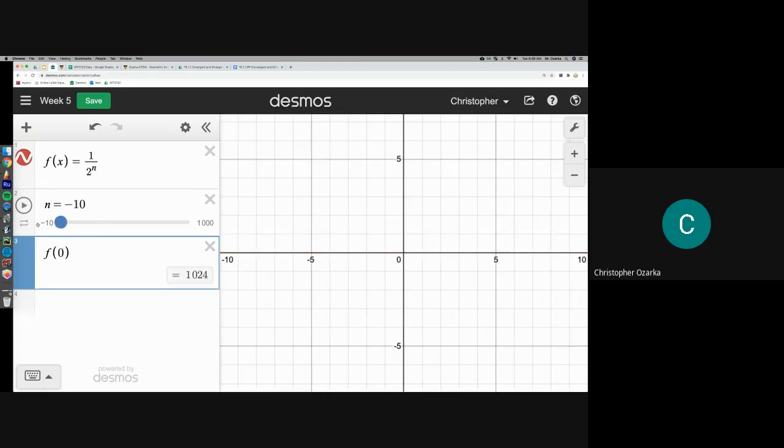Now if you notice, here, let's start here. Okay, as n goes to infinity, watch what happens to our value here. What is that getting infinitesimally closer to? Does anybody know? Anybody have any idea? Negative infinity. Well, it's not negative, it's positive. Oh.